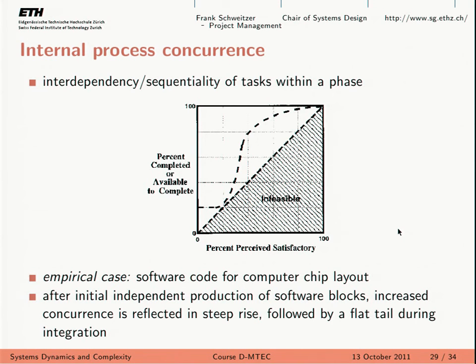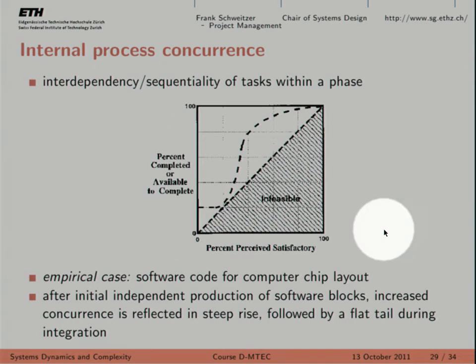These guys came up with the following way to visualize that. Here we have the percentage of the work which is done and passes quality control. Here we have the percentage which is done and passes quality control, plus what is available for completion.